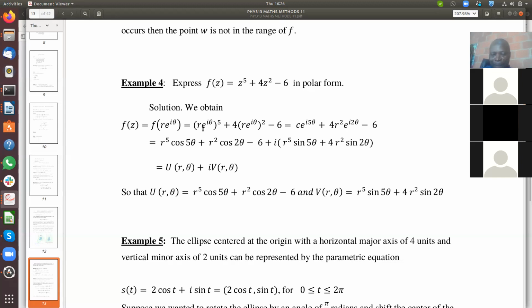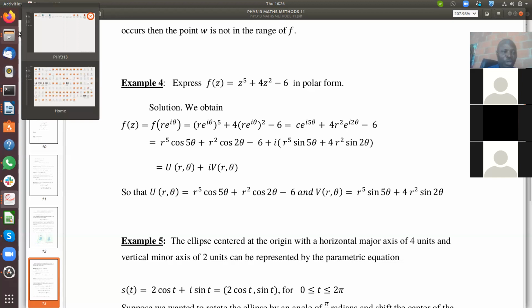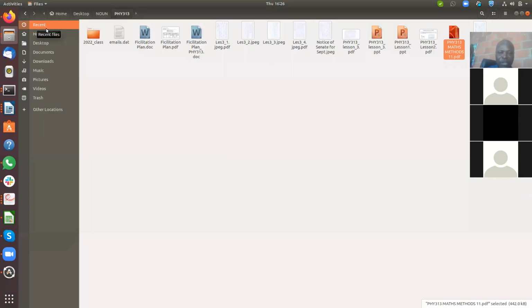Straightforward: the 5 will come onto r, so it will be r to the power of 5. Then the 5 will come onto exponential i theta. And you know I gave you an expression last week, so you need that to be able to solve the problem. I will show you the expression now. Just a moment.